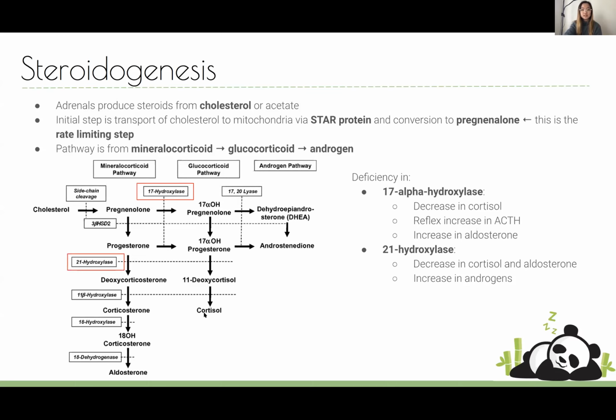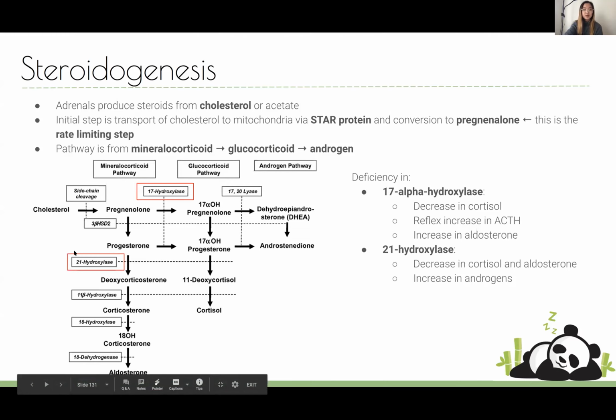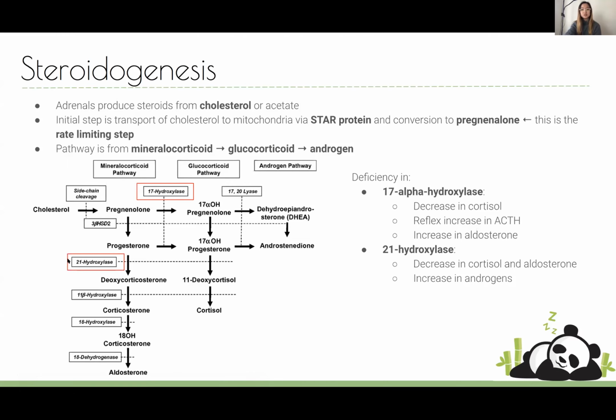You get a decrease in cortisol, which causes a reflex increase in ACTH, because you're not getting that negative feedback. And because you're building up the mineralocorticoid process, you get an increase in aldosterone. On the other hand, if you have a deficiency in 21 hydroxylase, you're blocking off both of these pathways, so you get a decrease in mineralocorticoids and glucocorticoids, but an increase in androgens.